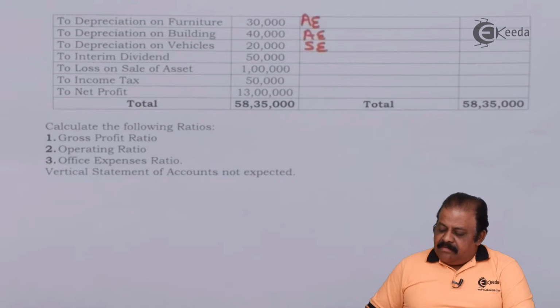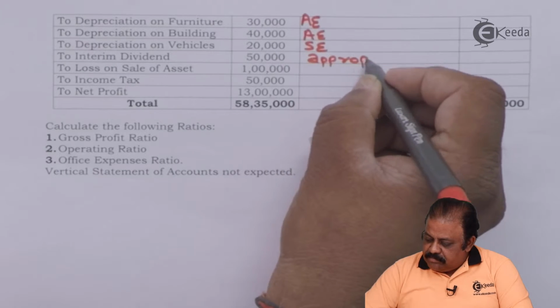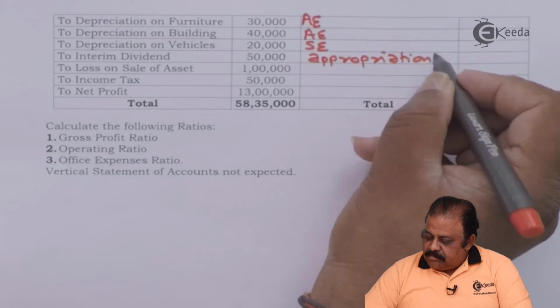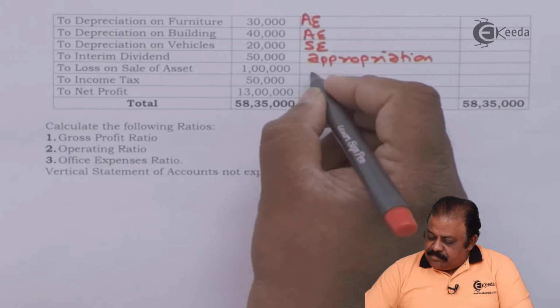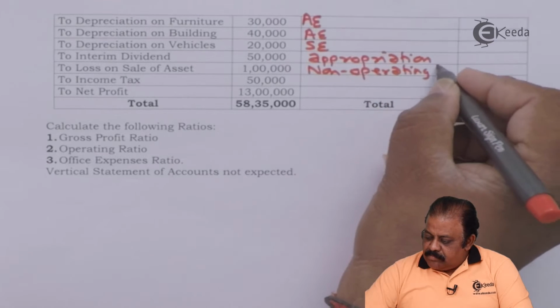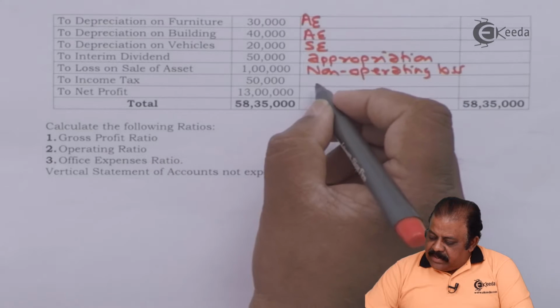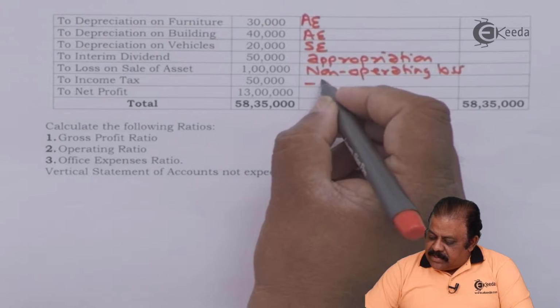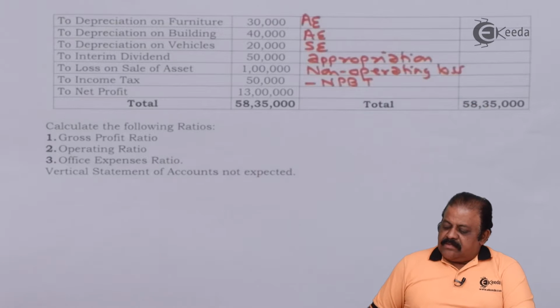Interim dividend paid, this is appropriation of profit. Loss on sale of asset, 1 lakh, non-operating loss. Income tax, this will be deducted from net profit before tax.